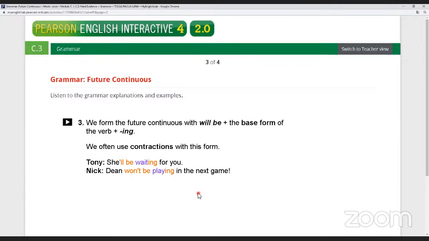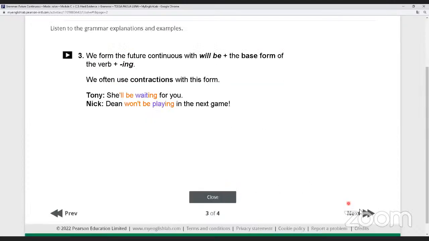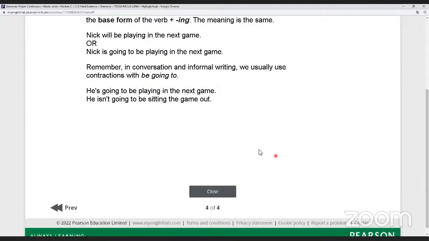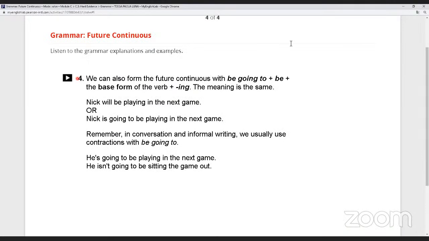So that will be everything until point number 3. Is there any question? No, Miss, everything is okay. Great, thank you.